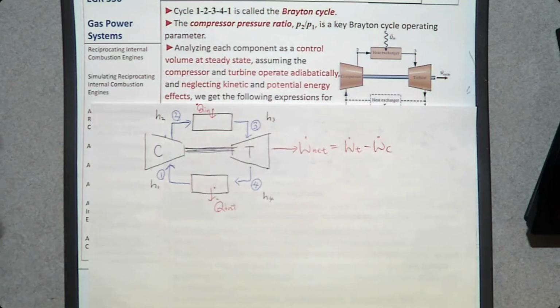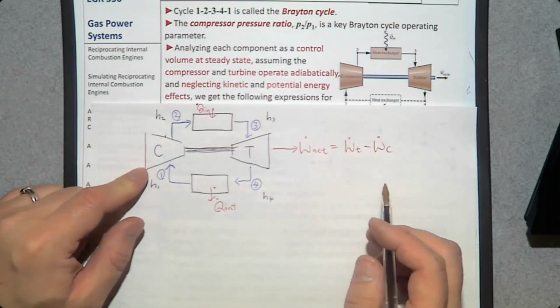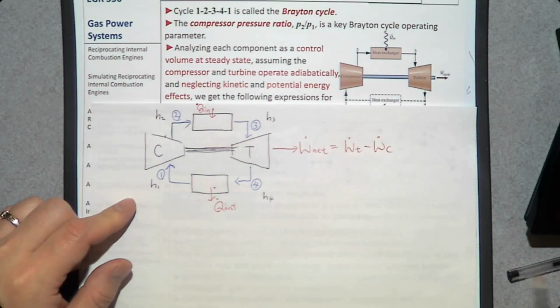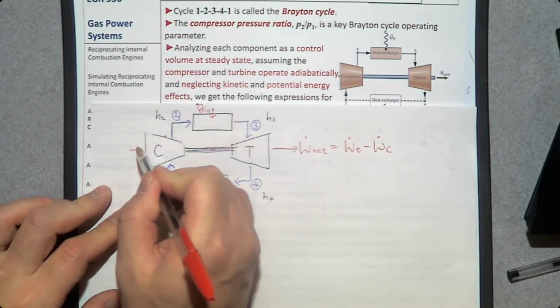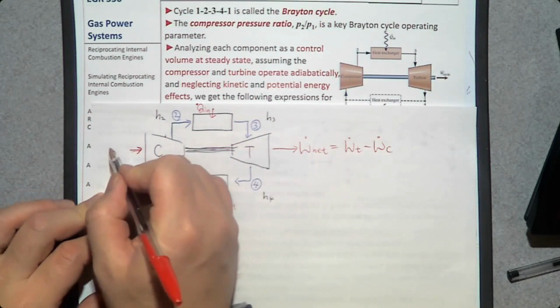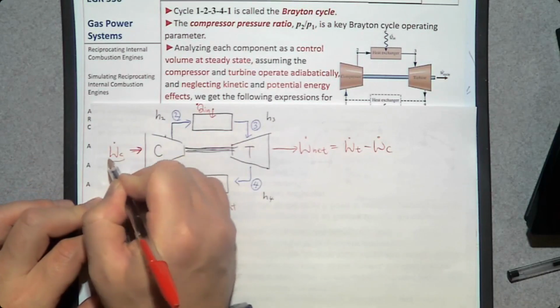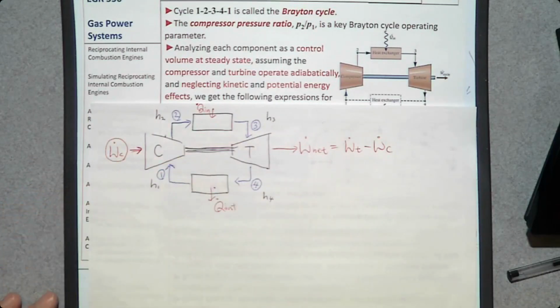So let's determine the energy balance equation for this compressor. This compressor consumes compressor power, W dot C. How many energy transfers into the compressor?